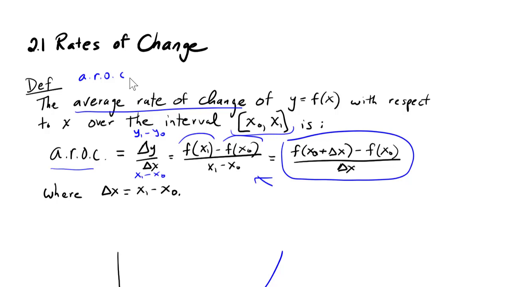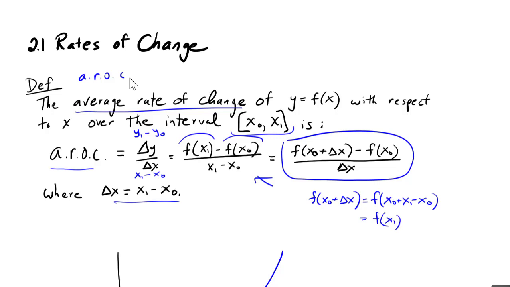Now realize this is really the same as the previous form, because if you take f of x0 plus delta x, and delta x is x1 minus x0, then you just get f of x1, with the x0's canceling.